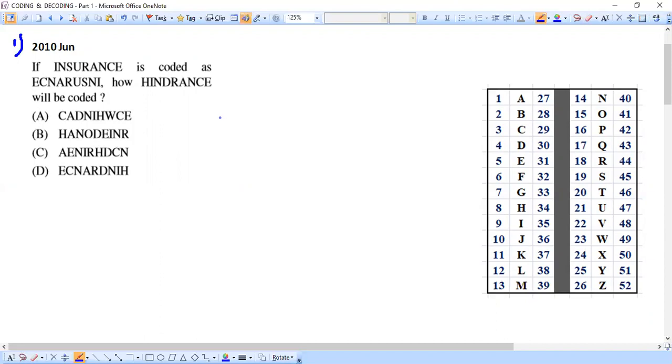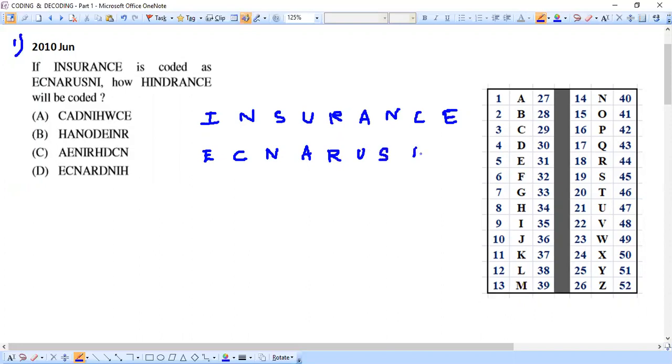If the word INSURANCE, and they have coded this word as ECNARUSNI.